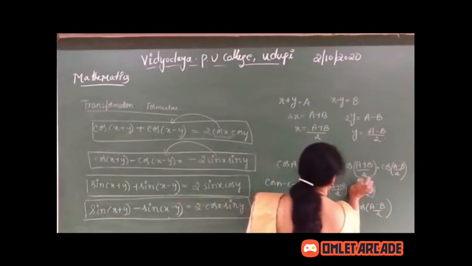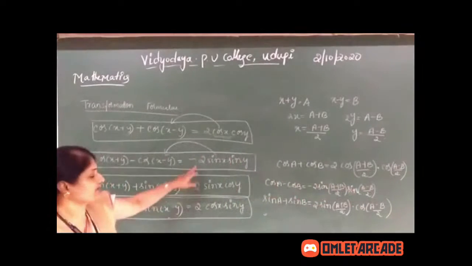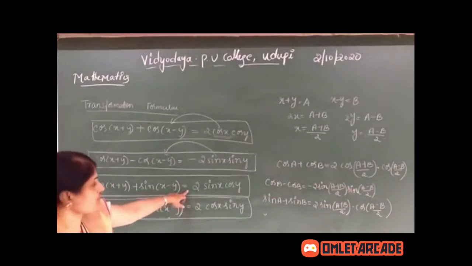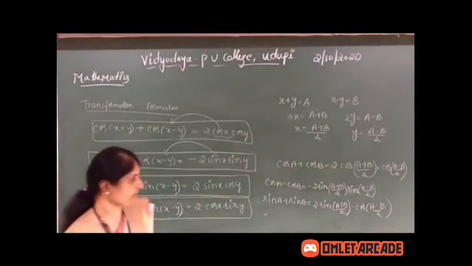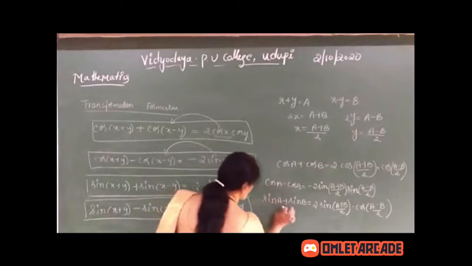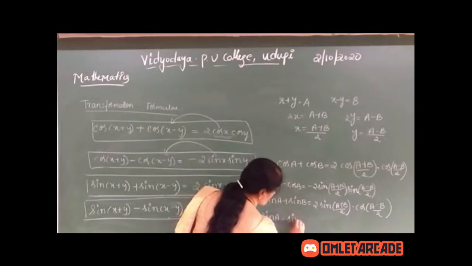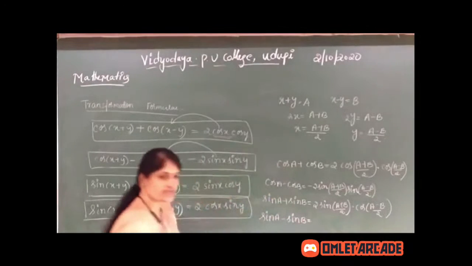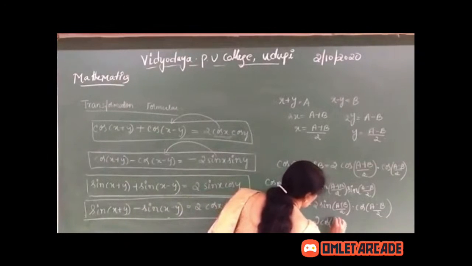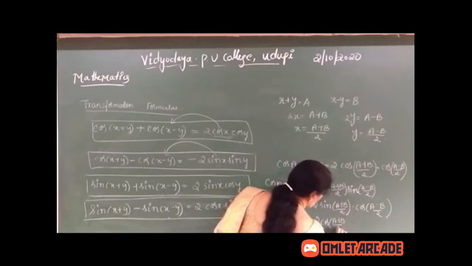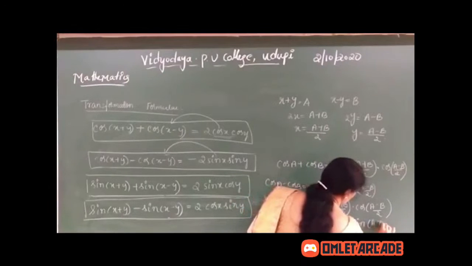In this we are substituting 2 sin x cos y as 2 sin a plus b by 2 into cos a minus b by 2. Similarly, the last one, sin a minus sin b. Getting it? Substitute here. It is 2 cos a plus b by 2 into sin a minus b by 2.